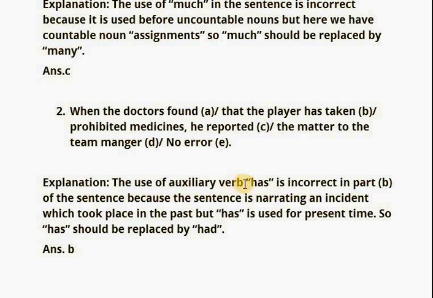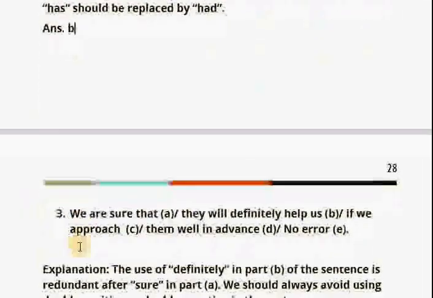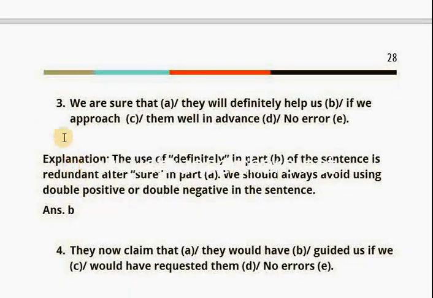The use of the auxiliary verb has is incorrect in part B of the sentence because the sentence is narrating an incident which took place in the past, but has is used for the present time. So has should be replaced by had. Your answer is B. Let's move on to question number 3.